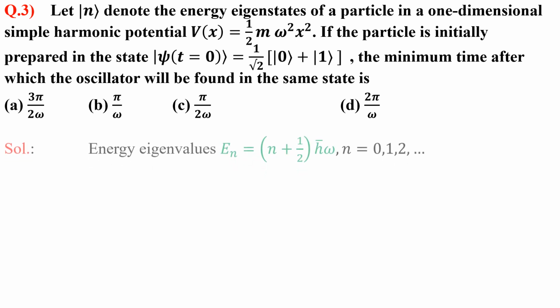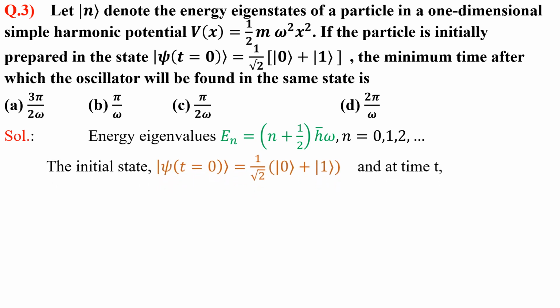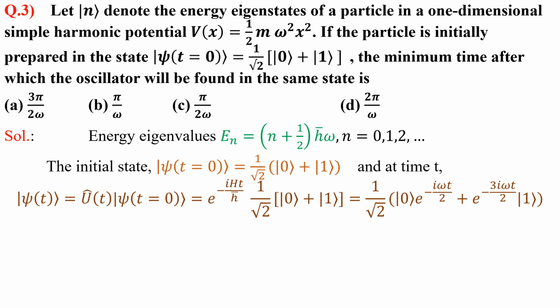Solution. Energy eigenvalues E_n can be written as (n plus half) h cross omega, where n goes from 0 to infinity. So the initial state is given as psi at t equals 0 equals 1 over root 2 bracket |0> plus |1>, and at time t the state can be written as psi(t) equals the unitary time evolution operator applied on psi at t equals 0, that is exponential of minus i H t upon h cross applied on the initial state.